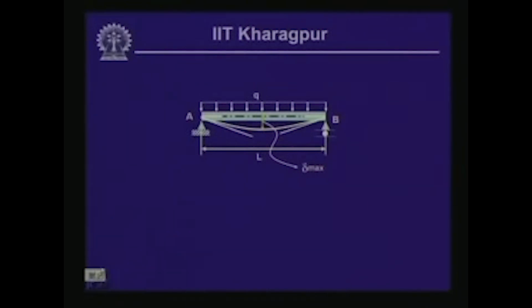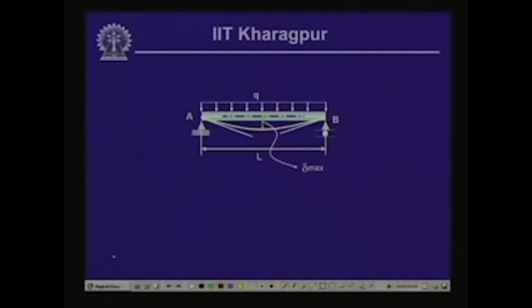This is the final form of the deflected beam when it is loaded. You have the deflected curve, and this is the maximum deflection at the center, and this rotation we have obtained as θA, which is negative, and this rotation is θB, which is positive because it is counterclockwise, and this is the shape of the deflection curve.